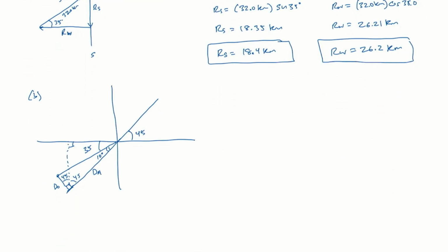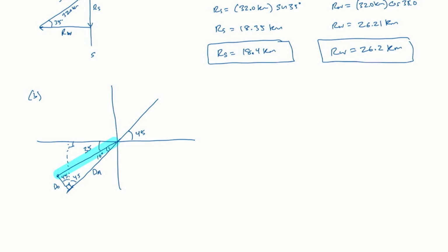And so let me just highlight. Here's the original path. We are still going the 32 kilometers. We still want to end up in the same spot. It's just that we're taking a different path.